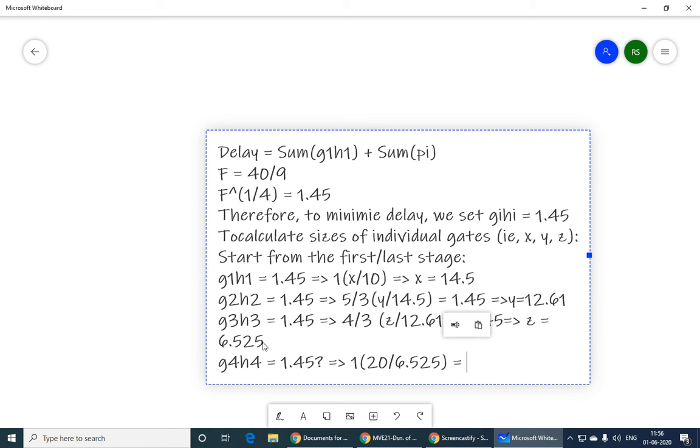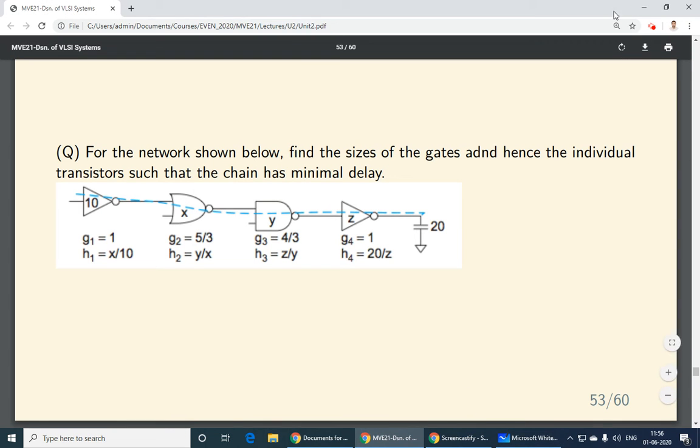This comes to around 3.06. So something is wrong. So we have done something wrong in our calculations. So we have to go back and check the calculation.